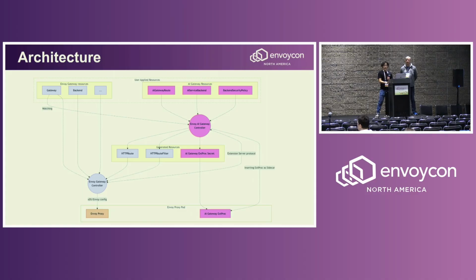What we are doing is talking to Envoy Gateway to fine-tune the xDS configuration to achieve some AI-specific functionalities, in addition to inserting an ext_proc container into the Envoy Proxy pod to do some AI-specific logic on the data plane path. So this is the general overview of how it works.